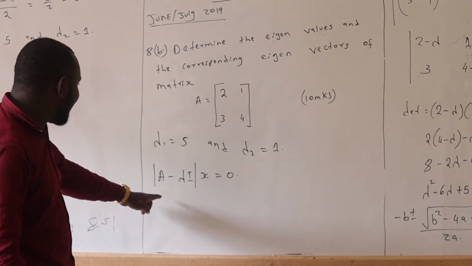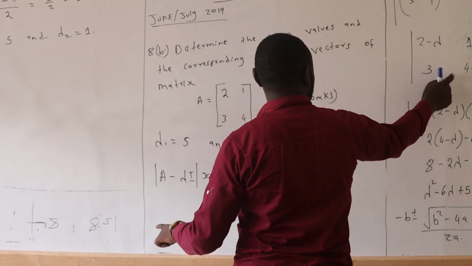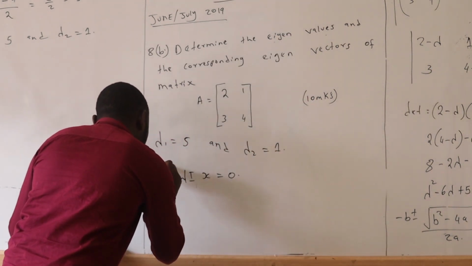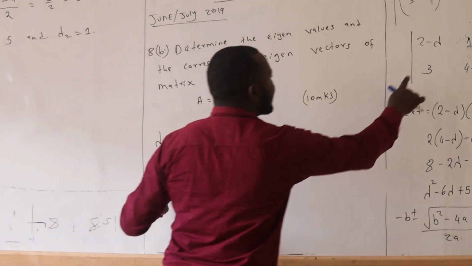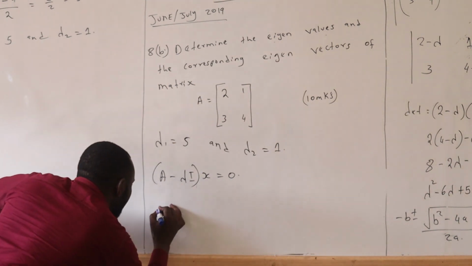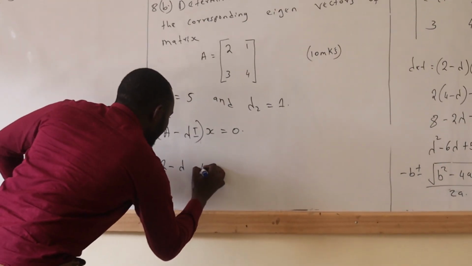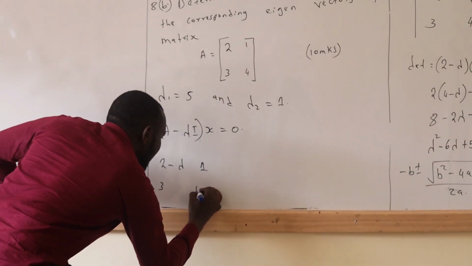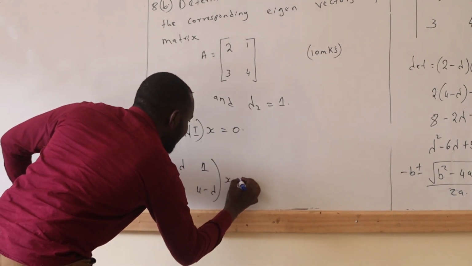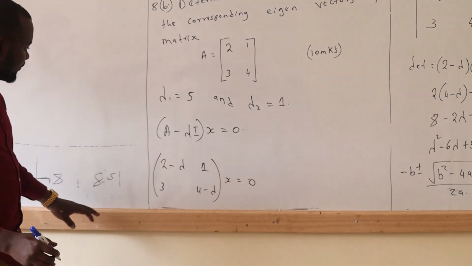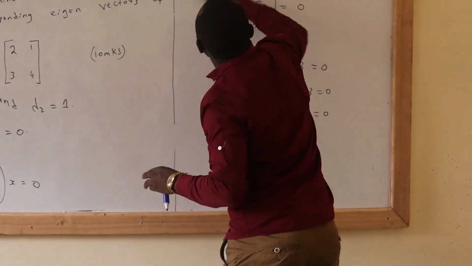So that is the matrix 2 minus lambda, 1, 3, 4 minus lambda, all multiplied by x, is equal to 0. Now, this is our formula.